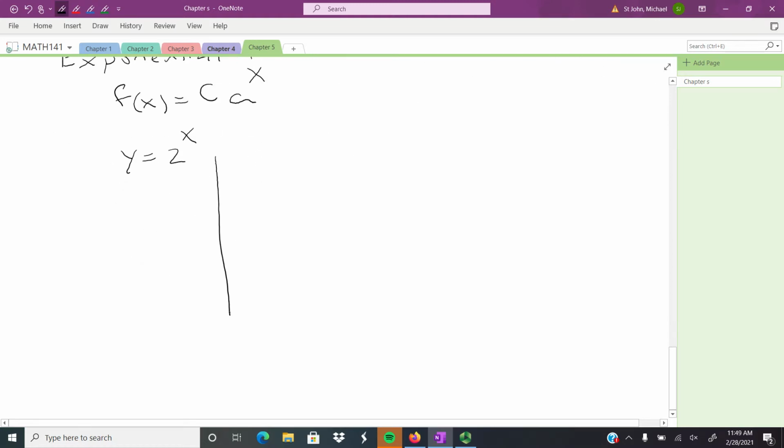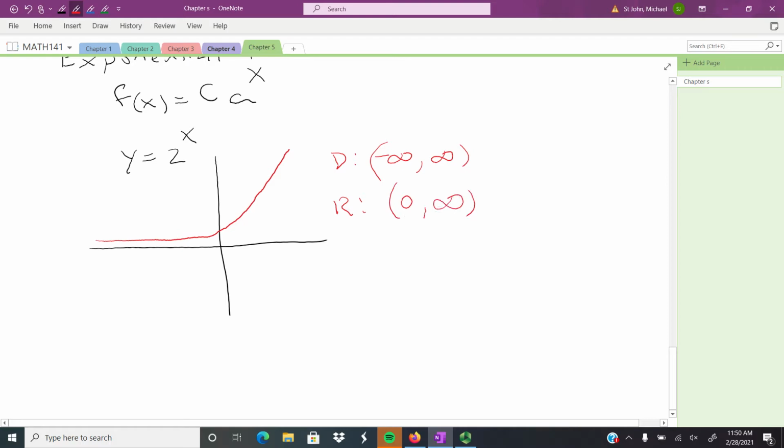And if I were to graph this, you see the graph is going to look something like this, right? And so my domain is negative infinity to infinity, and my range is 0 to infinity.